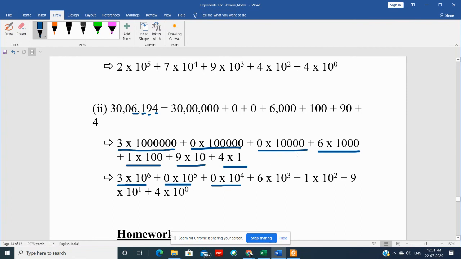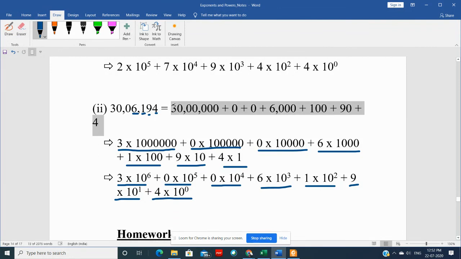So 0 into 10 raised to 4, 6 into 1000, so 6 into 10 cube, 1 into 100, so 1 into 10 square, 9 into 10, we know that if there is nothing it means 1, so we have to mention power here, 10 raised to 1, and then 4 into 1 means 10 raised to 0, so again we need to mention power. Remember, in the first step we have not mentioned any power, but in the next step we have mentioned power. All right, so this is how you can do this sum.